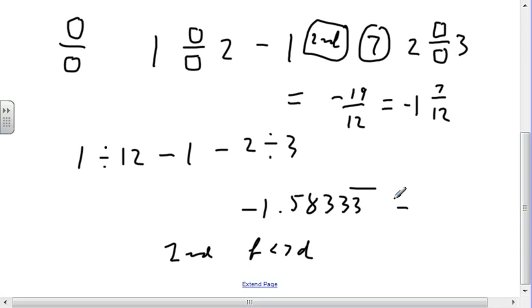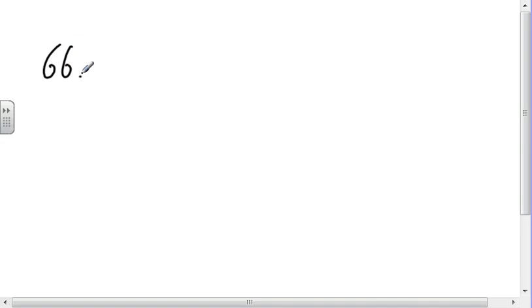When I hit that key, I end up with minus 19/12. Okay, good enough? But we're making our calculator do the math for us. We don't necessarily have to do the math the way the math department would.